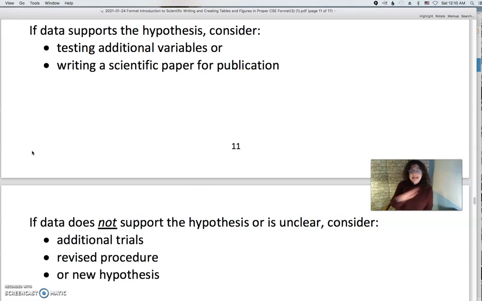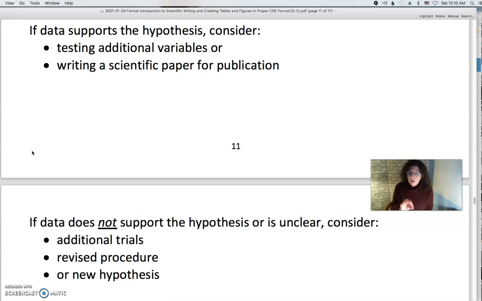If the data does not support the hypothesis, or if the data is unclear whether or not it supports the hypothesis, you can insert in your conclusion some information about additional trials that you would do, what you would change about those trials, any revised procedures, any new hypotheses, any new research that you think you would need to do before you started on another experiment.